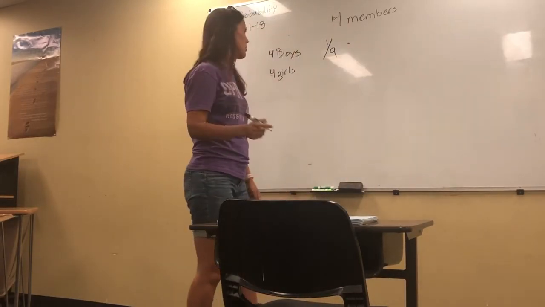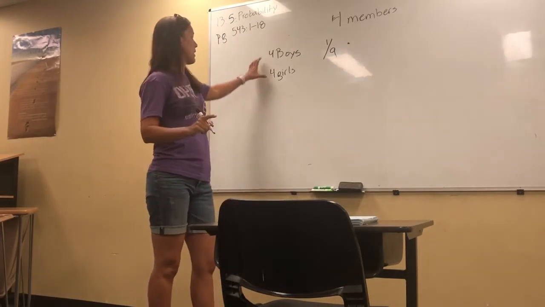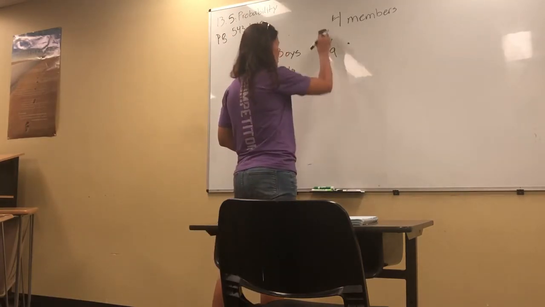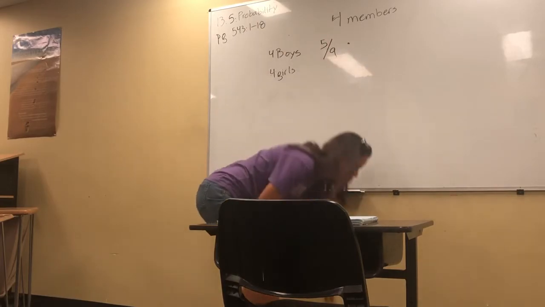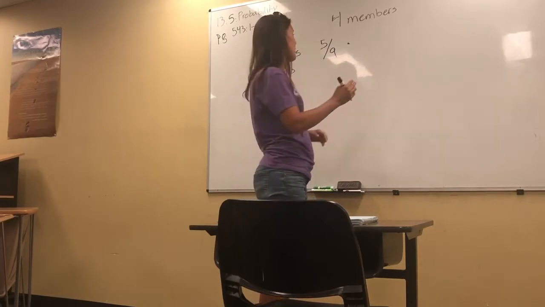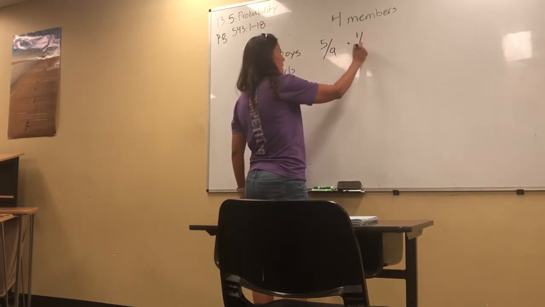And I'll tell you guys why we're doing multiplication in a minute. Sorry, this was 5 out of 9, right? Because I could have chosen any of the 5 boys. Now I'm down to 4 boys out of a total of 8. So I'm down to 4 out of 8, except we know that that's just 1 out of 2, right?